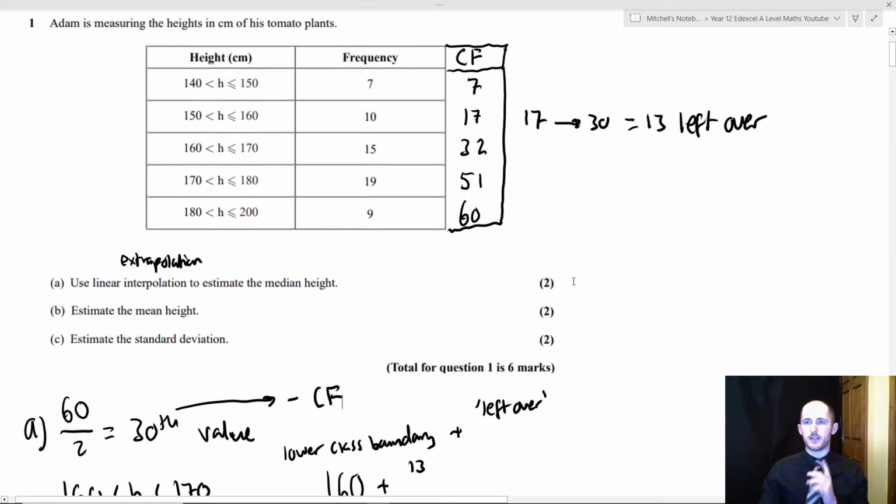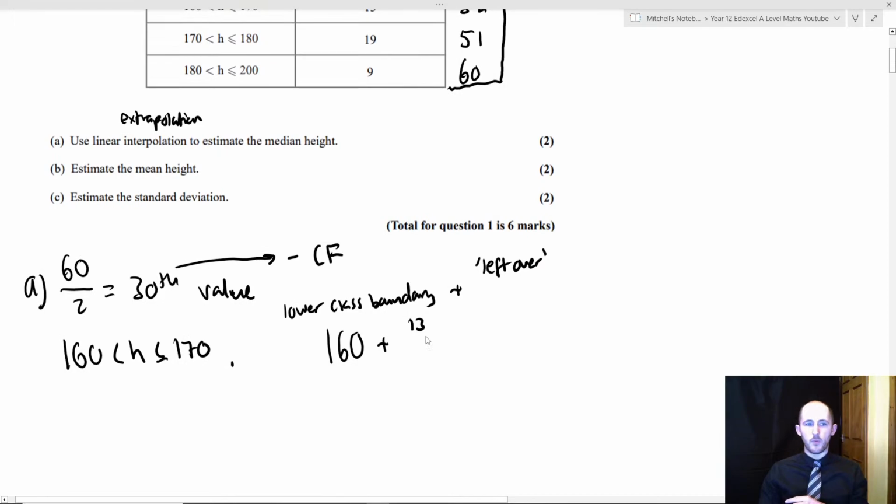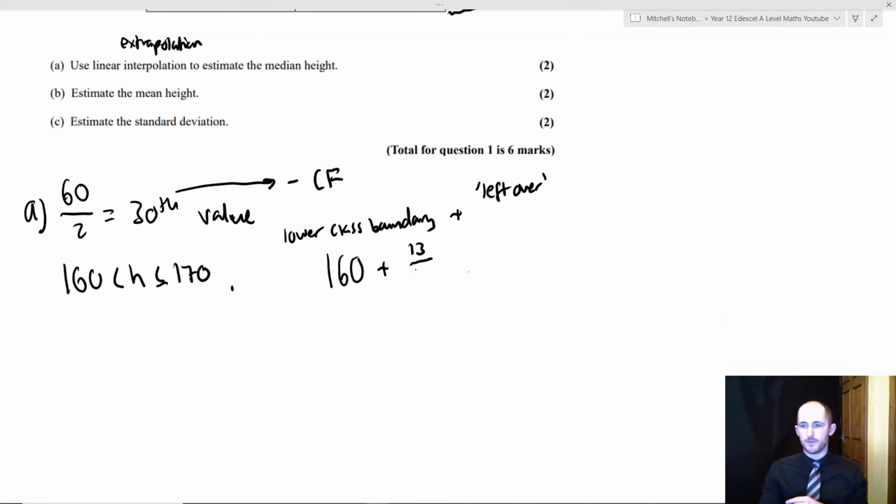So again, just as a quick go again. The 30 comes from the 30th value. We're up to 17 here, and next is 32. So we've got 17 values, that's fine. We need 13 more values, okay, which is somewhere inside this class width here. And what we do is we divide it by the frequency of that class, 15.